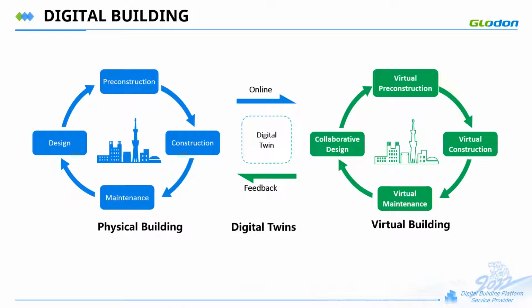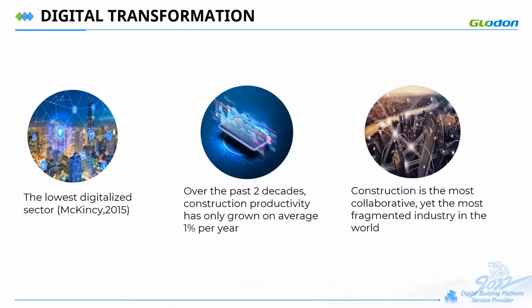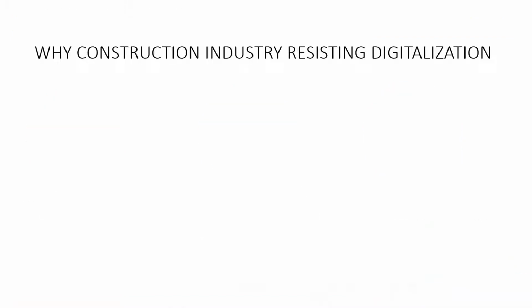So building information modeling is very important to get the information from the virtual building and feed it back to the physical building process. Then this is digital transformation: the lowest digitalized sector, with productivity grown only 1% over the past two decades, and this is the most fragmented industry in the world.